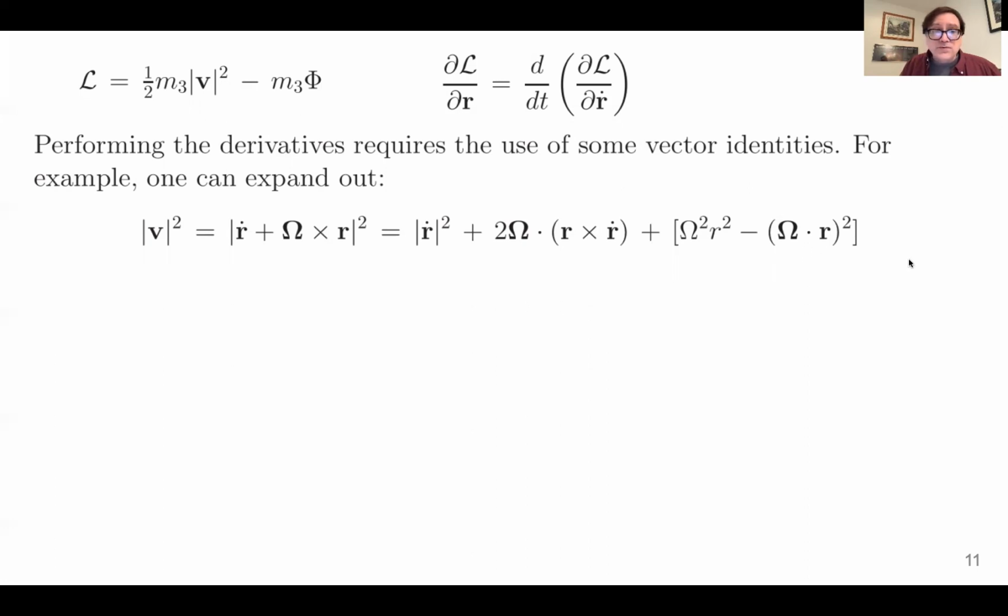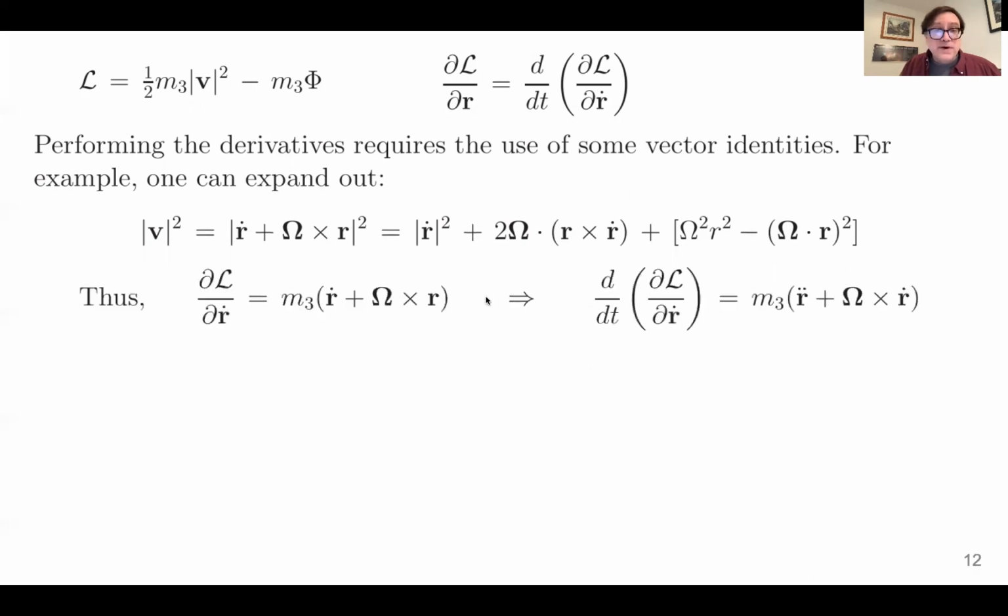I won't go through the derivation, but what we need from this is to take the derivative of the Lagrangian with respect to r dot, and there are various places now in this kinetic energy term where the r dot appears. So there's an r dot squared that just becomes a sort of momentum term. And then there's an r dot embedded in this middle product.